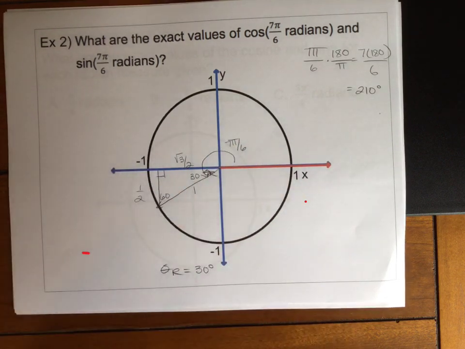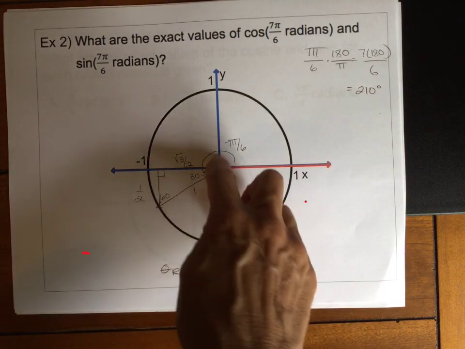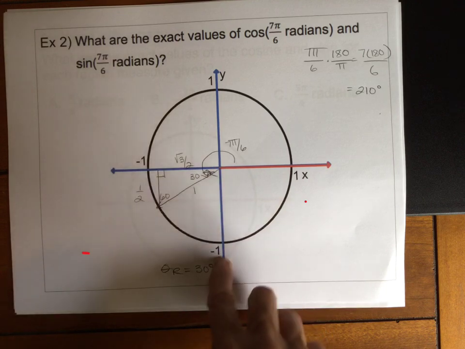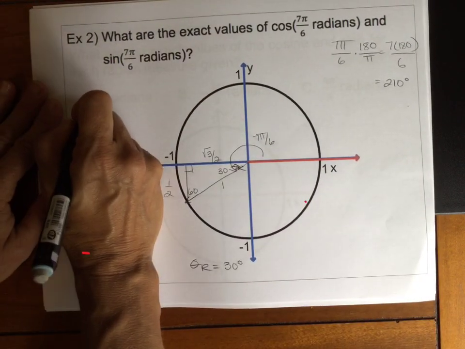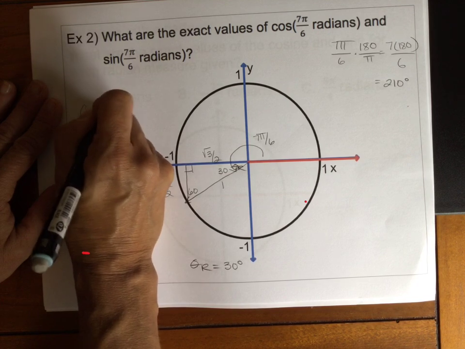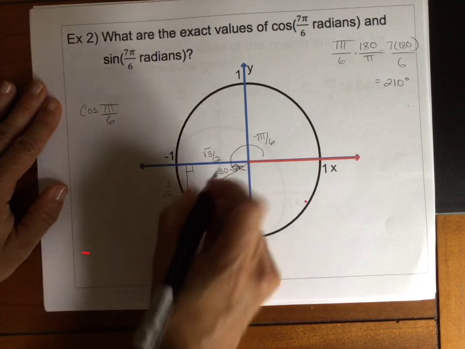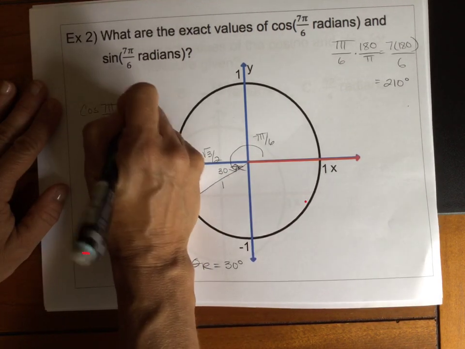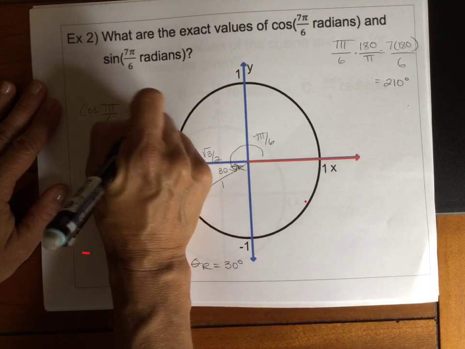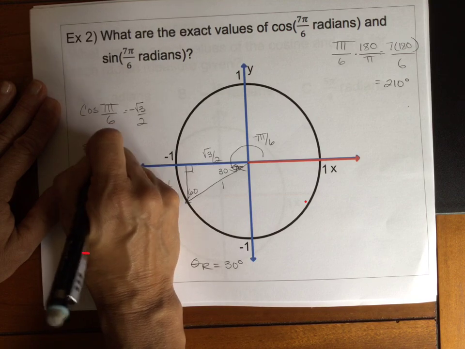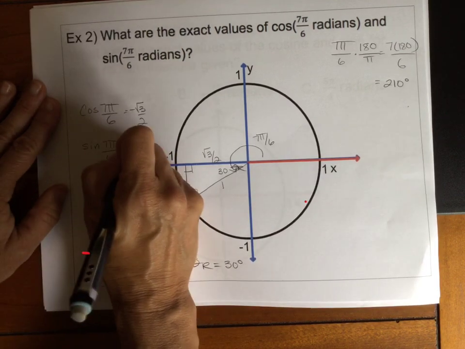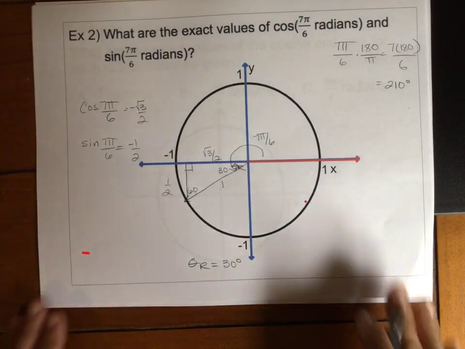Well, I'm over here in quadrant 3, and my x values are negative, and so are my y values. So I can say that cosine of 7 pi over 6 is my x value, a negative root 3 over 2, and sine of 7 pi over 6 is a negative 1/2. Right.